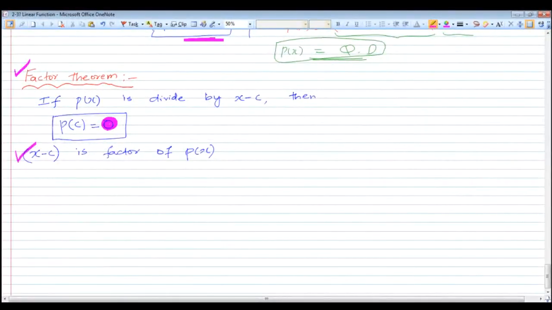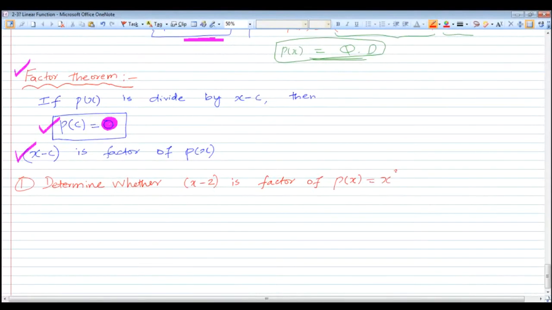When we say this, only if the remainder is 0. Let us check. In the question, it may ask like this: determine whether x minus 2 is a factor of P of X. What is P of X?